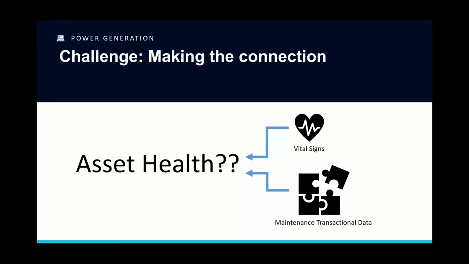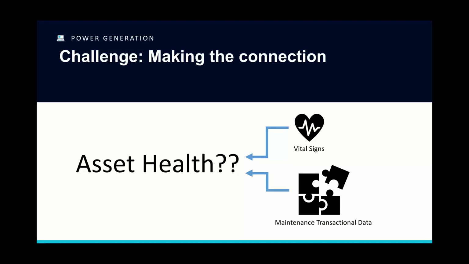However, there are many other auxiliary systems, subsystems, components that are not necessarily hooked up to a DCS or that don't have any kind of interface that's providing performance data in real time.